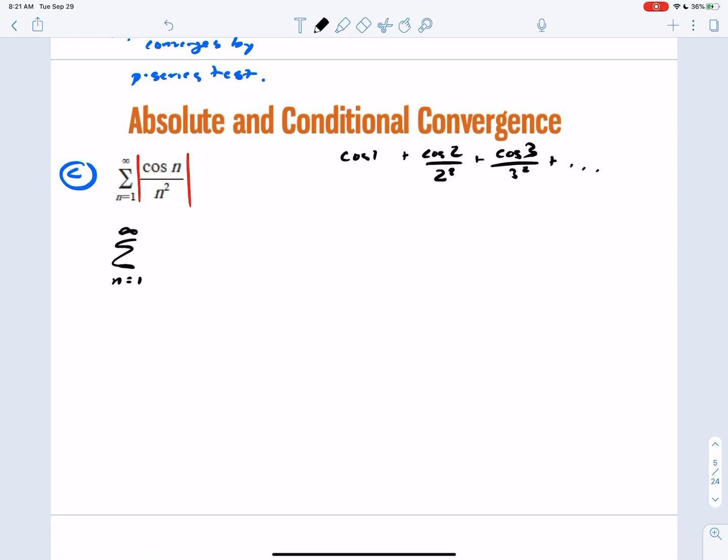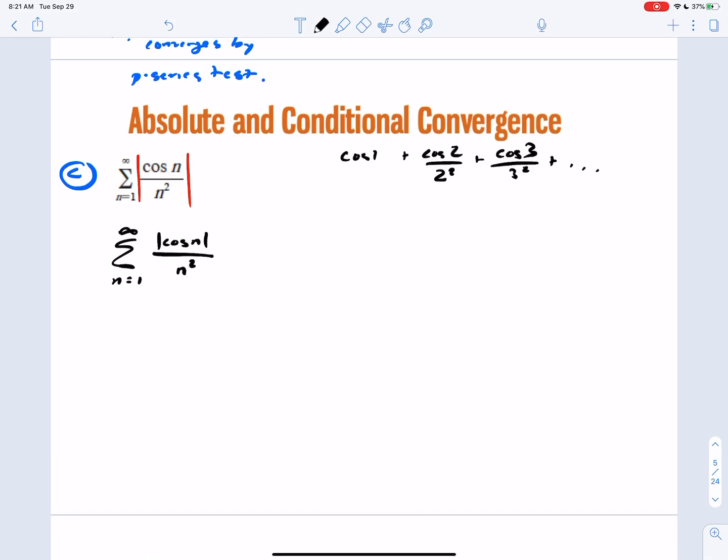A lot of people see trig functions and they think it alternates right away. It doesn't. It has to have that pi there. So here, notice how we're not really sure what's happening. So I'm going to keep the cosine inside the absolute value. And since n is being squared, we already know that's going to be positive.